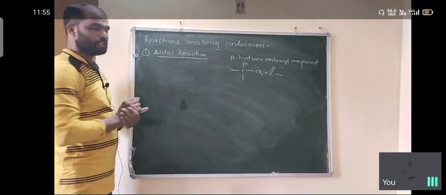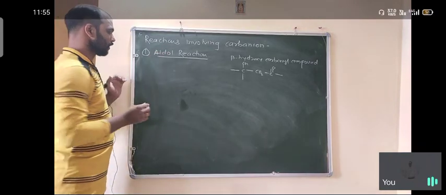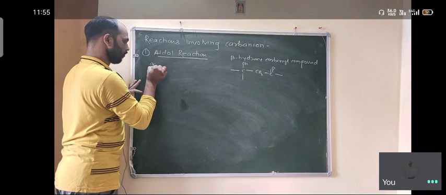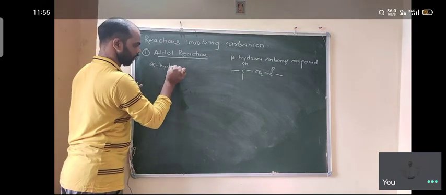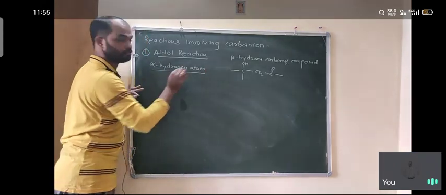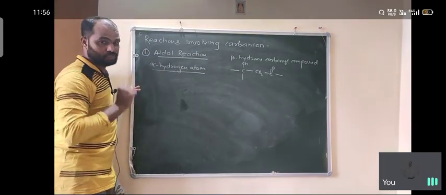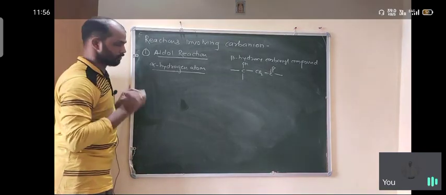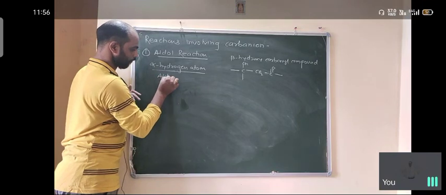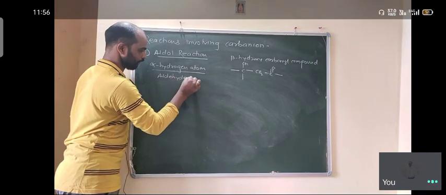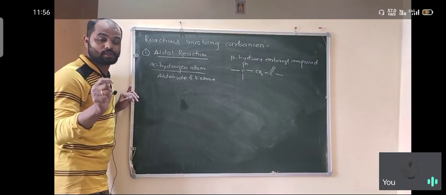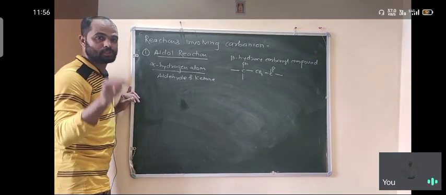Which compounds are used as starting material in aldol condensation? Basically those compounds which have an alpha hydrogen atom. Alpha hydrogen atom is the condition. Compounds containing an alpha hydrogen atom undergo the aldol condensation reaction. These may be aldehyde and ketone. Aldehyde and ketone undergo aldol condensation reaction, but the condition is that alpha hydrogen atoms should be present.